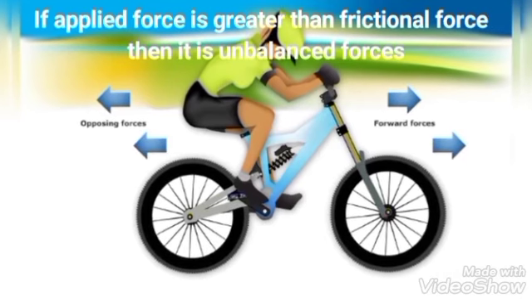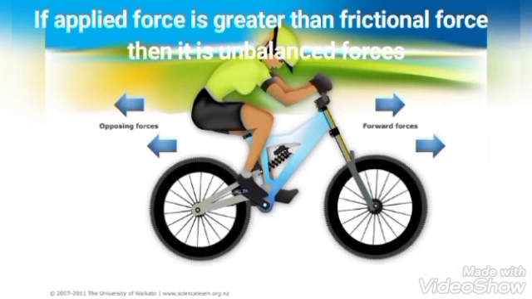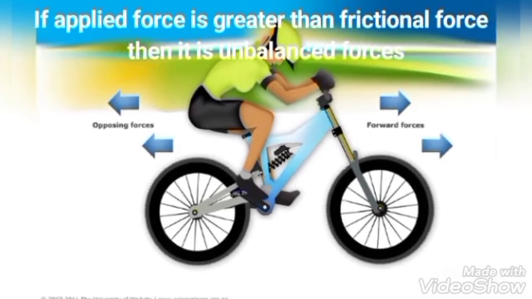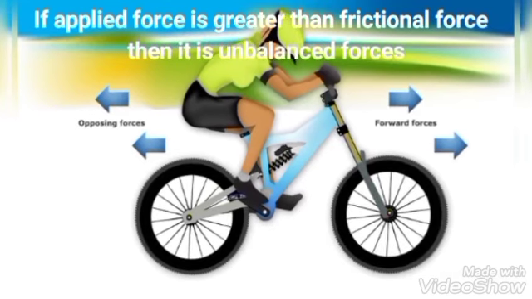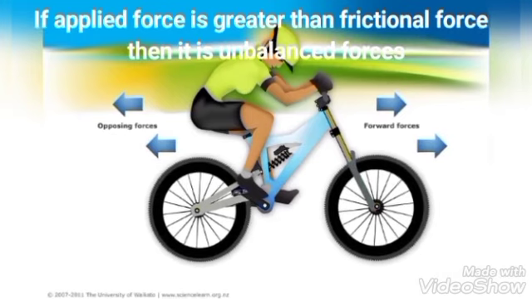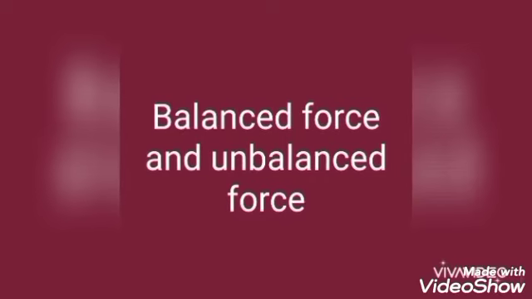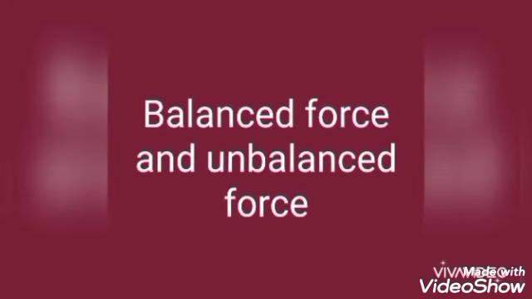So from these examples, we can understand that if the applied force is greater than the frictional force, the force is unbalanced. Okay. So hope you understand the difference between the balanced force and the unbalanced force.